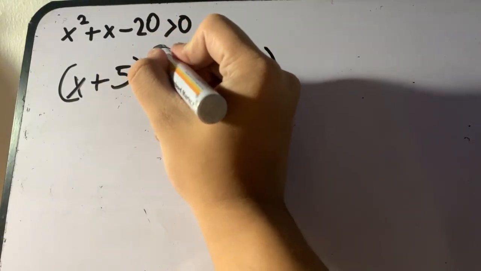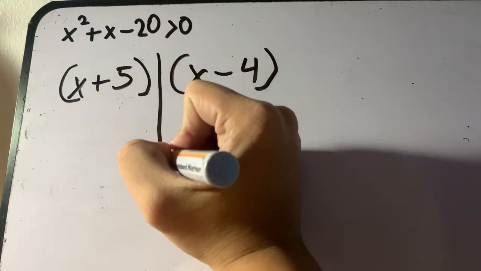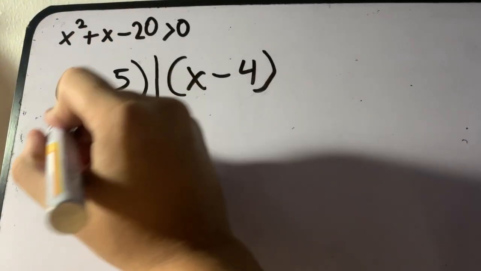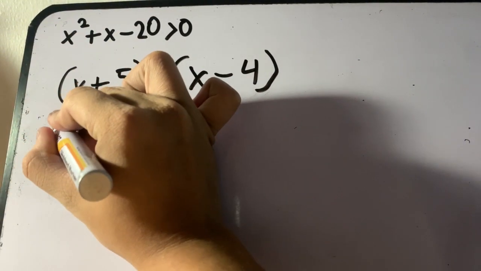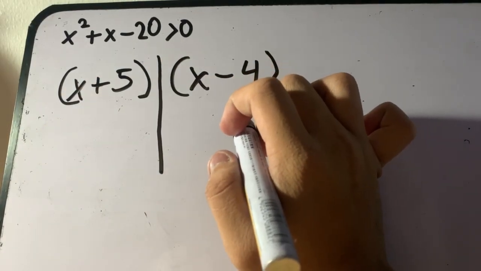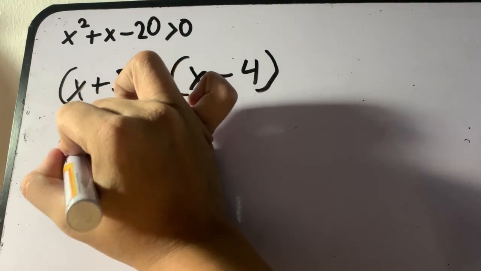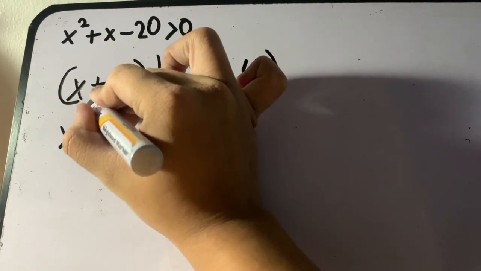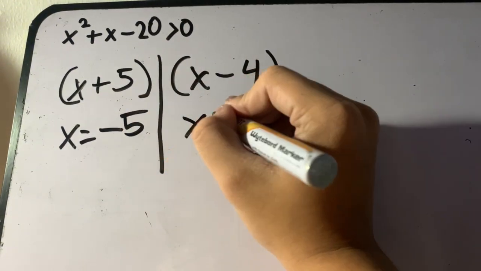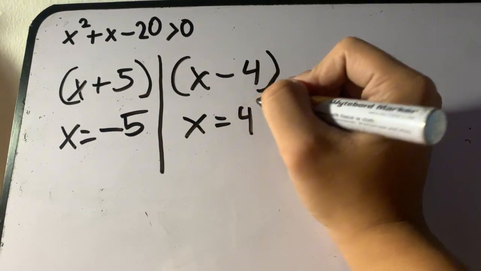Now what we're going to do is the subtraction property of equality, or if you guys want it another way, we can just transpose it. So it becomes negative 5, and this one will become positive 4.